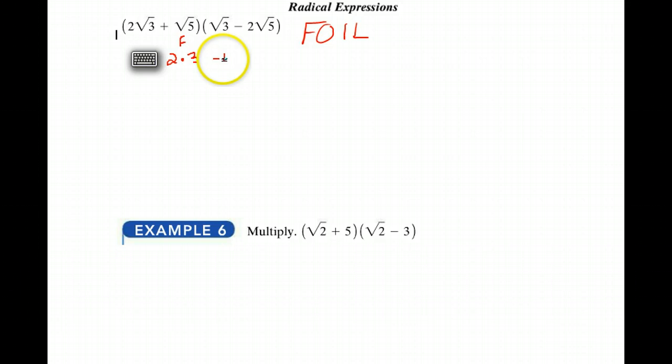That's going to give me negative 4 root 15. Now I'm going to move on to my inners. I have root 5 times root 3, which is going to give me positive root 15. That's my inner. And then I'm going to move on to my lasts. I have root 5 times negative 2 root 5. So I have negative 2 times 5. That's my lasts.